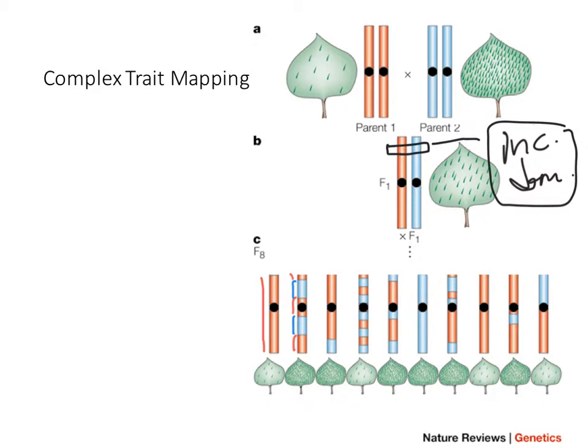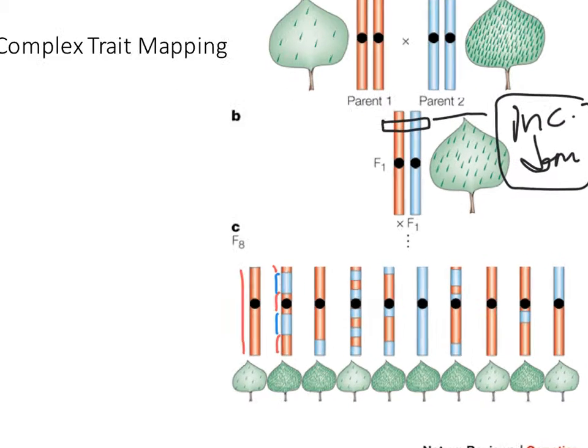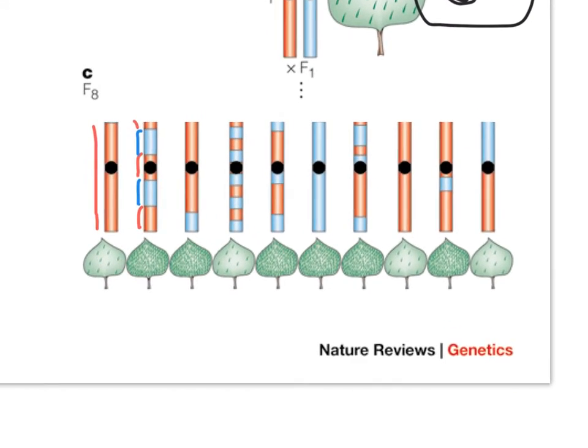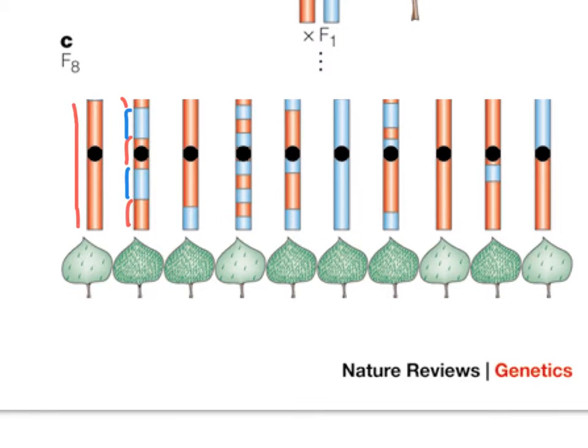So with these genotypes and these phenotypes, we should be able to do exactly what we did earlier with coat color. We should be able to figure out which gene controls this trait. So we just have to look for that correlation. Where's the region where the genotype on the chromosome agrees with the phenotype?